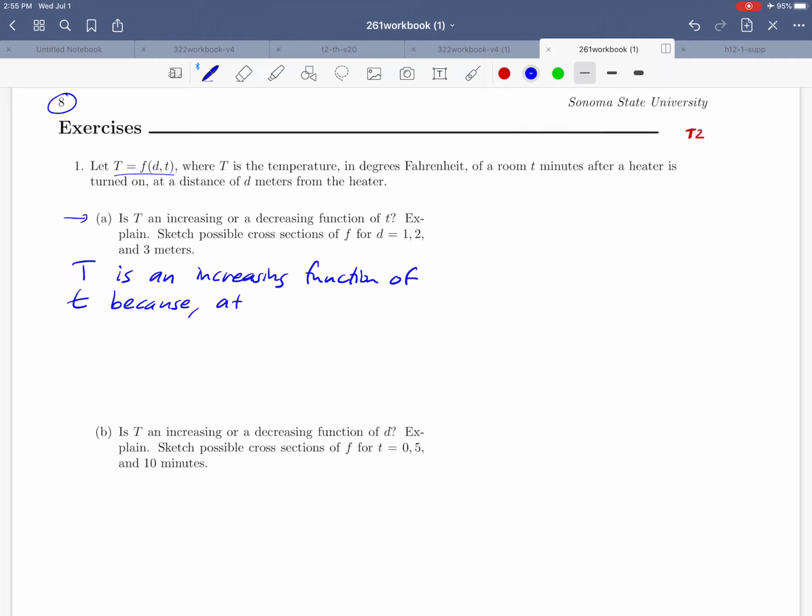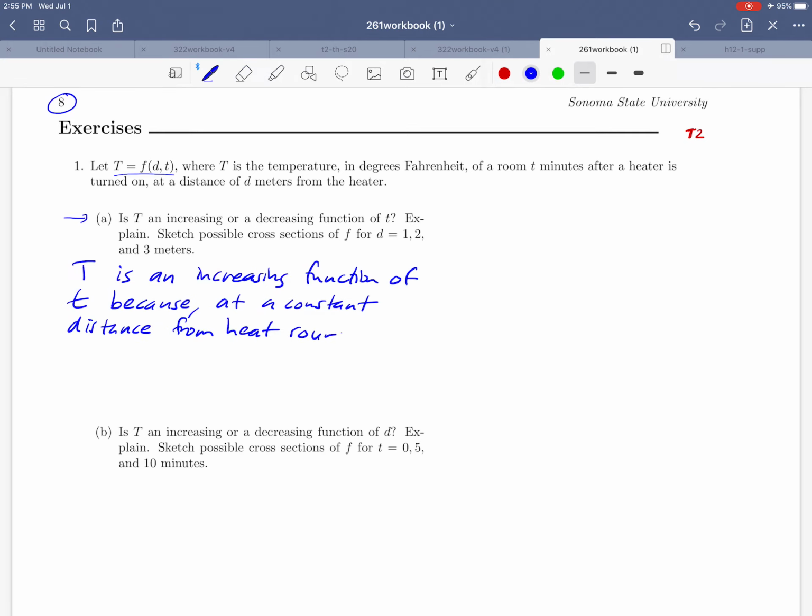So let's say it this way: at a constant distance from the heat source, the room temperature will increase as time goes on. So temperature is an increasing function of time.